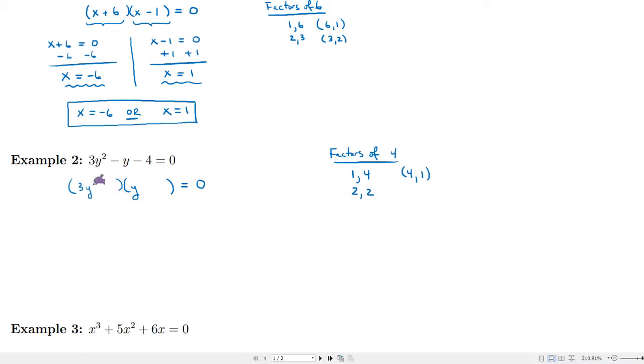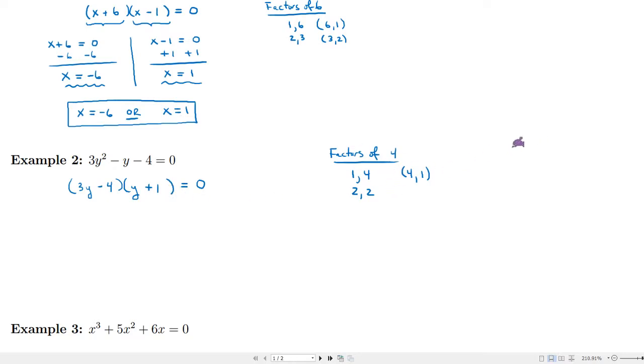And that would go in either order. So if we want to have a negative 1 in the middle term, it looks like what's actually going to work is to make this a negative 4 and this a positive 1. And the reason for that is the middle terms would be negative 4y and positive 3y, which would make a negative y. Right? This is sort of a guessing and checking procedure.